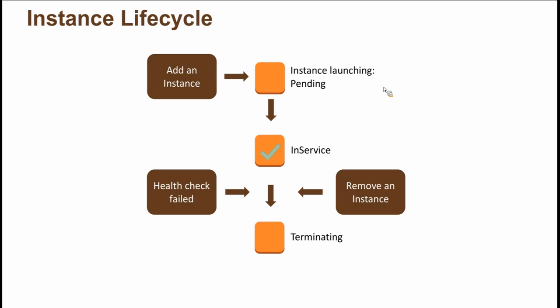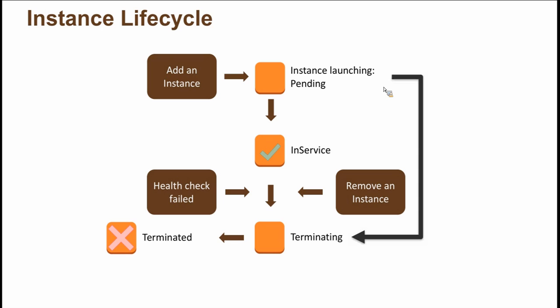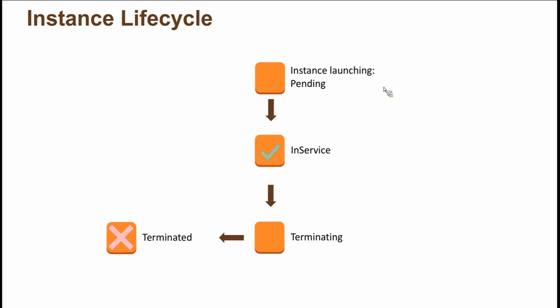And at some point, the instance is fully terminated, and that's it. If your autoscaling group now drops below the desired capacity, it will quickly reprovision a new one. In some cases, instance launches might fail, for whatever reason. And in this case, the instance goes straight from pending to terminating state and is quickly removed again.